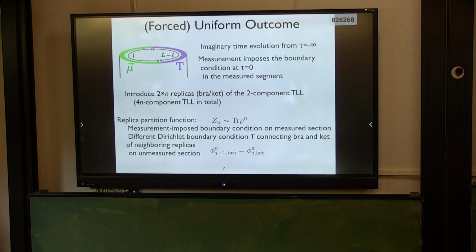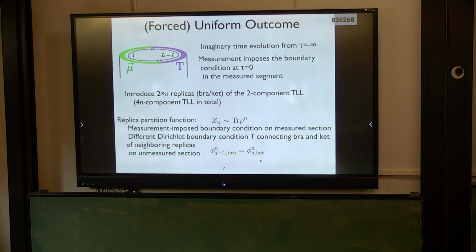In the unmeasured region, because we take the nth power of the density matrix, in this purple region we impose this kind of boundary condition. For each chain, A takes the value 1 and 2, referring to each chain.